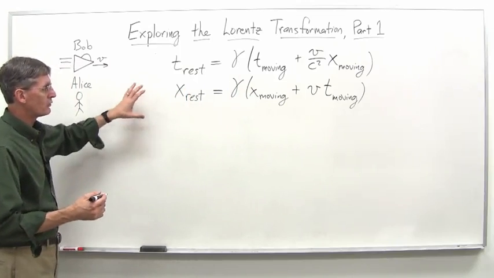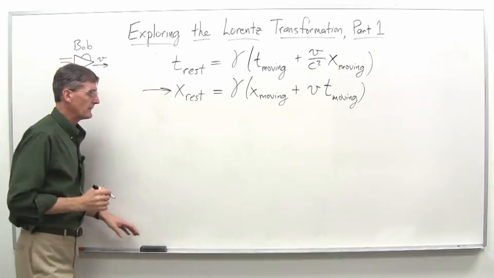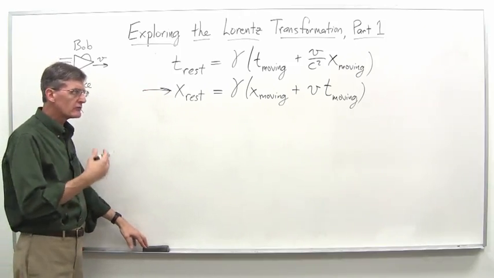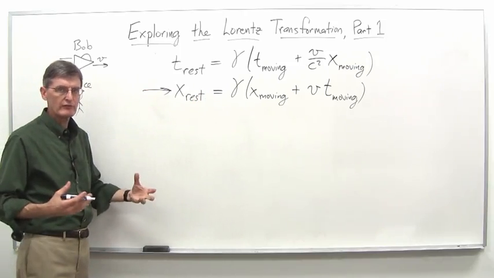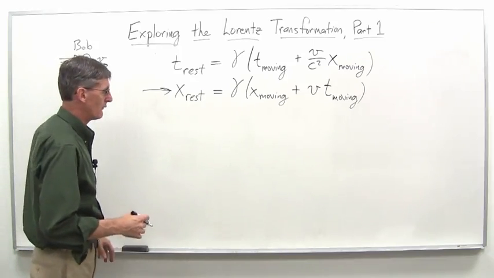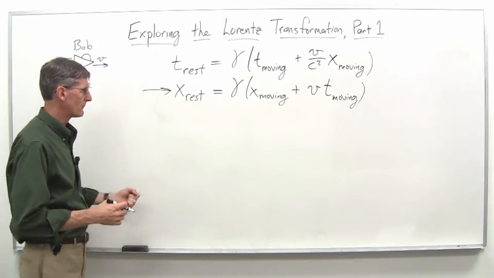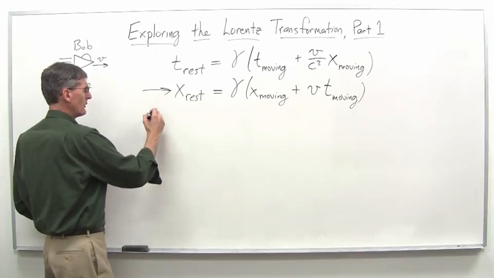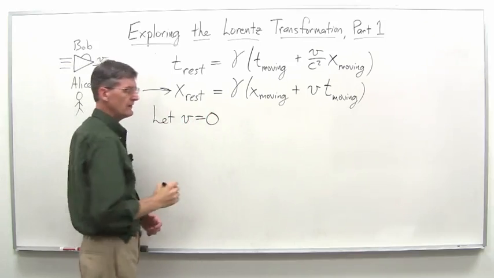Well, what we want to do in part one of exploring this is focus on this equation here and see what happens when we put in some different values, see if the results make sense based on our previous understanding of things like length contraction. So to start off, let's just say v equals 0.